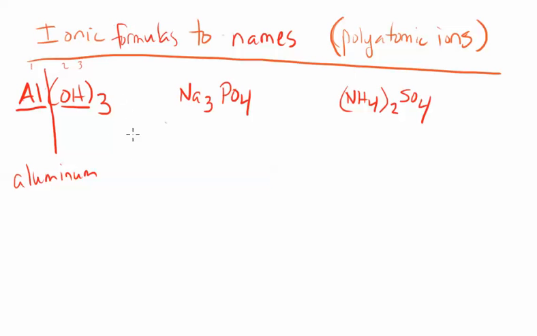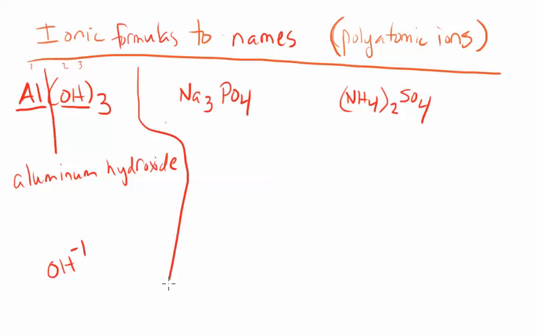You're going to see that OH has a charge of -1, and its name is hydroxide. So this is aluminum hydroxide. All right, let's go to the next one.